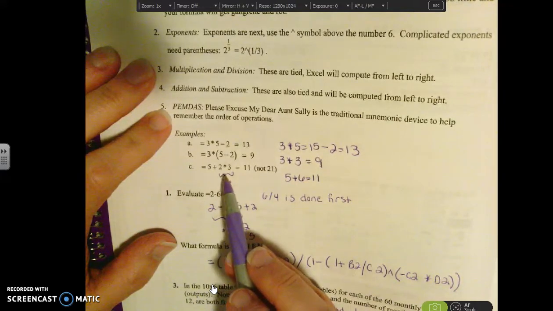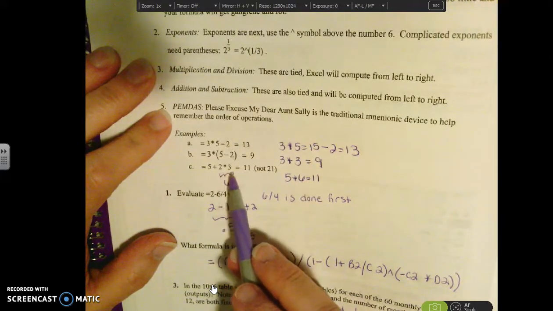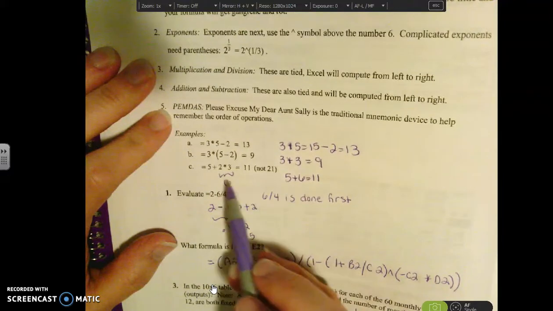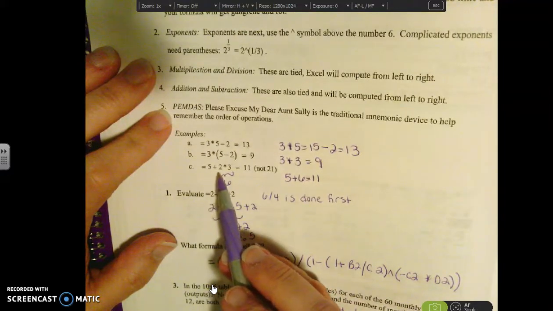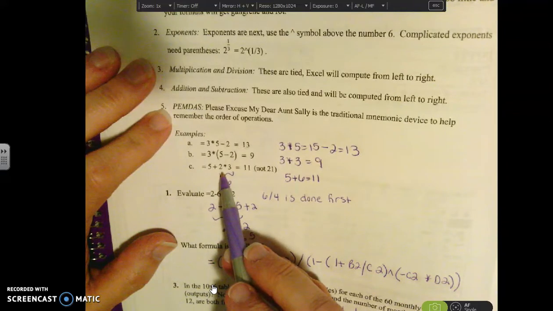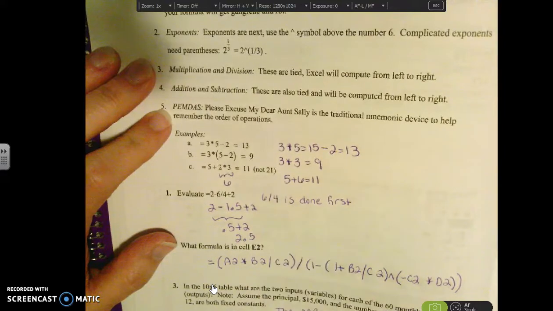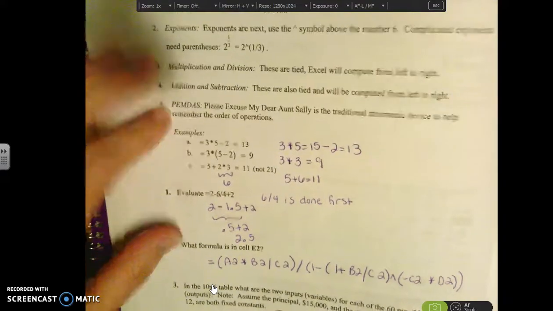On the last one, we do the 2 times 3 first, so that's 6, and then 6 plus 5 is 11. A lot of people accidentally do 5 plus 2 and get 7 and then multiply, and that's why we're saying make sure you don't get 21.